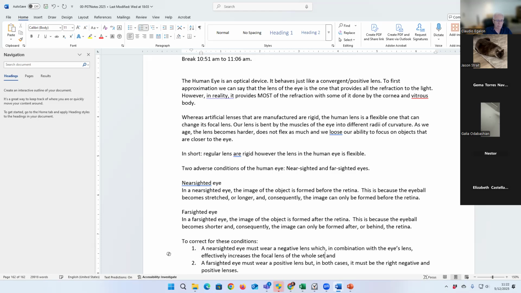Negative, and by set I mean the negative lens and the eye's lens.